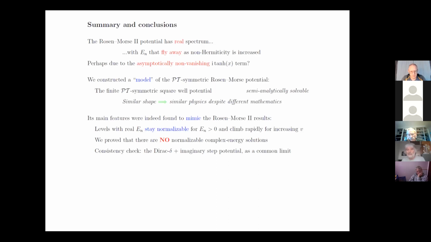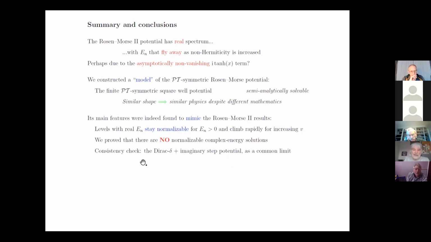This is in line in the case of the two potentials. We also proved exactly that there are no normalizable complex energy solutions in either potential. So this seems to fit into the picture that if you have this infinite asymptotic finite imaginary potential component, then you can expect this kind of behavior.